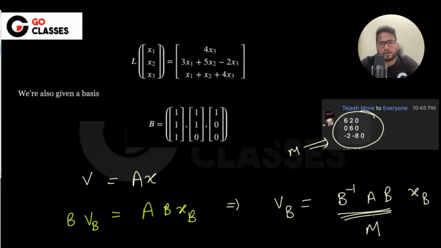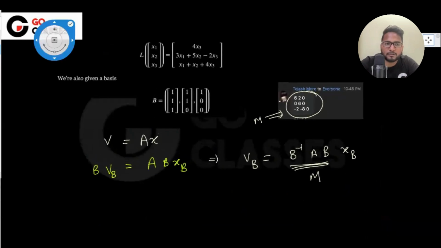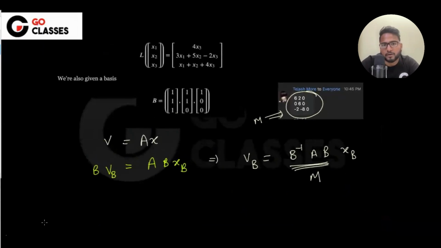Okay, let's just do one thing. Can you do it as homework if you want, or maybe we can do it now. Can you also verify whether it is correct or not? Which means you can take some vector x, maybe 1 2 3. This is x.